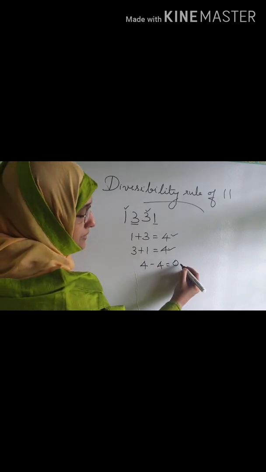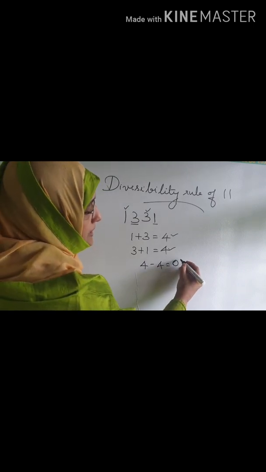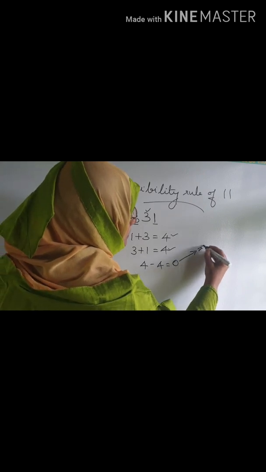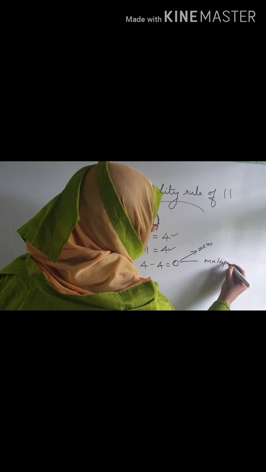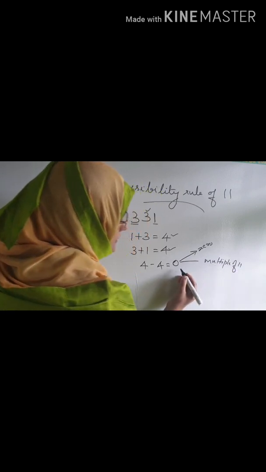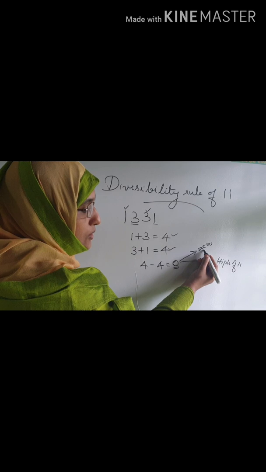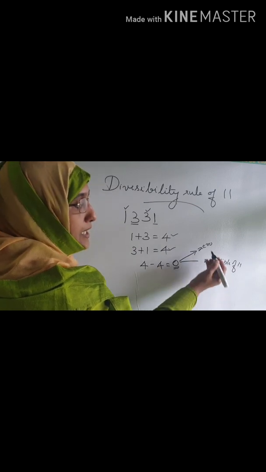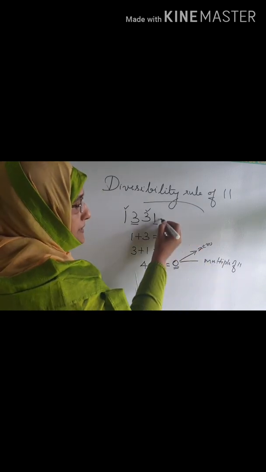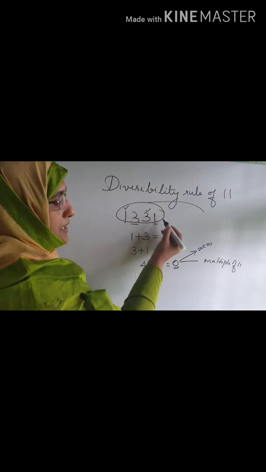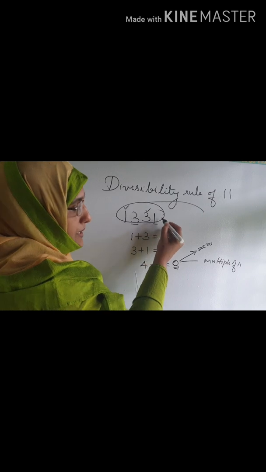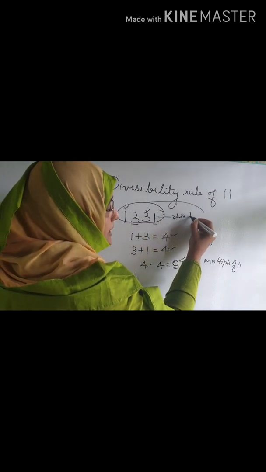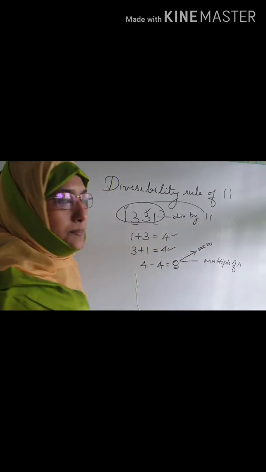So here what you have to see is, when the answer which you get is either 0 or a multiple of 11, then you can say that that number is divisible by 11. Here the answer is 0. So 1331 is divisible by 11.